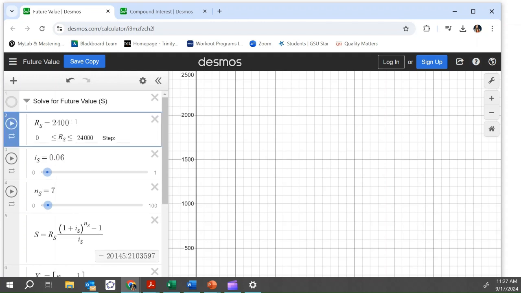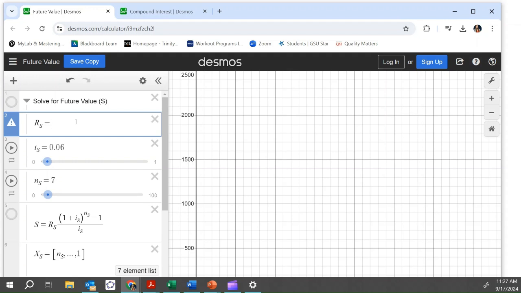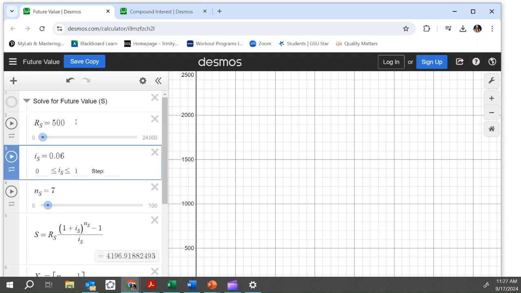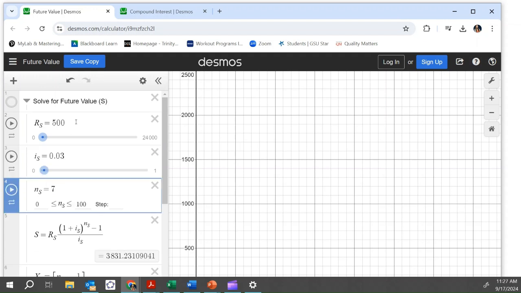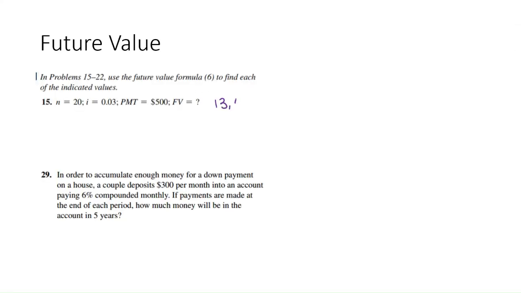So here is the monthly payment. Our monthly payment is $500. Our I is 0.03 and N was 20. And the value that's going to pop up here in the next box is the total amount that's going to be in my account after those 20 periods. So I would have $13,435.19.